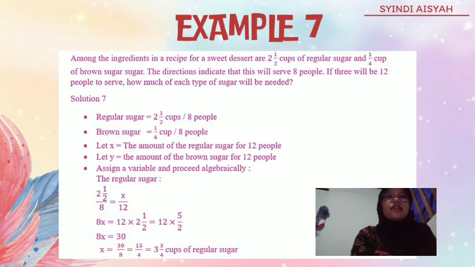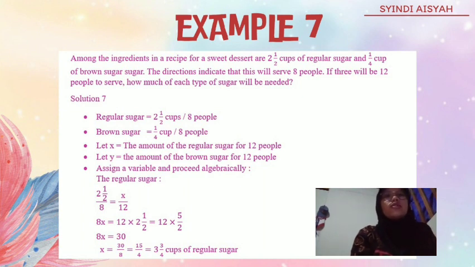Example 7. Among the ingredients in a recipe for a sweet dessert are 2.5 cups of regular sugar and a quarter cup of brown sugar. The directions indicate that this will serve 8 people. If there will be 12 people to serve, how much of each type of sugar will be needed?